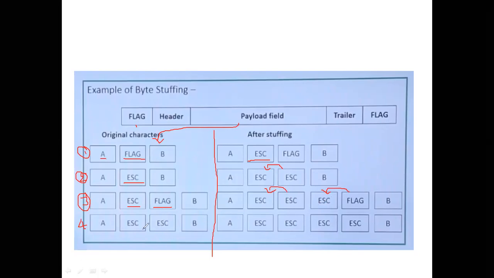So I think you understood this one. That is inserting two more escapes before the escape characters. These are all stuffed ones. So this is the example of byte stuffing.